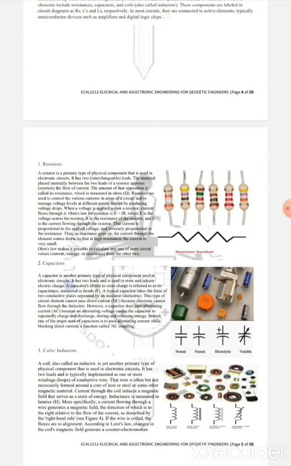Take note, it will never store any current, energy, or voltage. The ones that store current and voltage and turn them into energy are your inductors and capacitors. So this resistor is the basic element that we would study in Circuits 1.